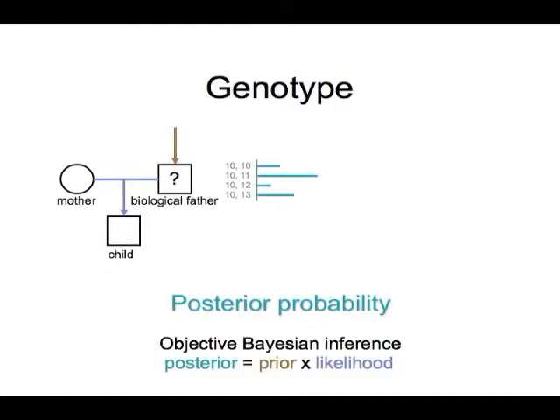And as you're all familiar with, if we have a prior probability, the population flow in, shown in brown, and we have a likelihood function, which is the flow into the data coming out of the questioned individual, out of the biological father, we can form a posterior probability. And that's done objectively with Bayesian inference.